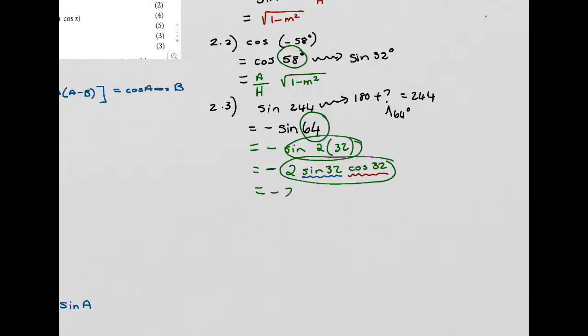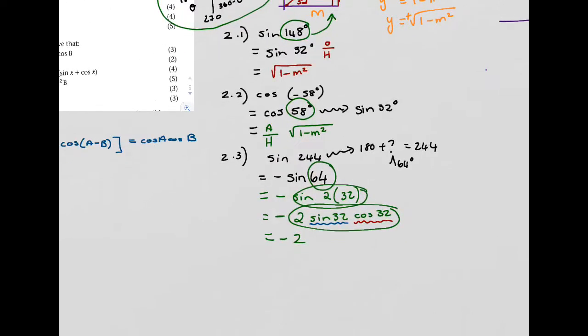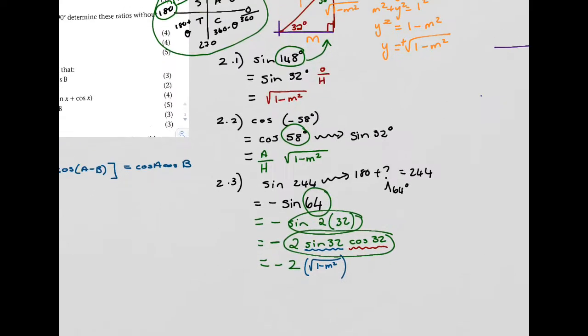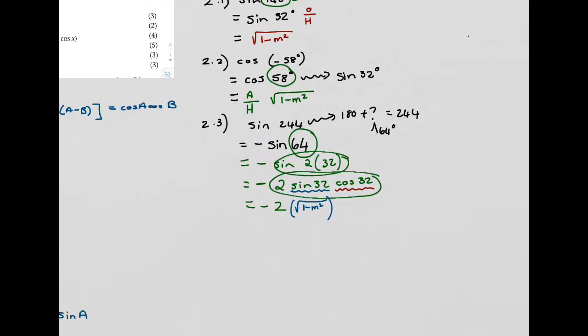So I'm going to bank the negative 2, and then I'm going to say from sine 32, we said sine 32 from 2.1 was the same as root 1 minus m squared, and cos 32, they told us from the original question that it is equal to m. So now let's just rearrange it to make it look nice.